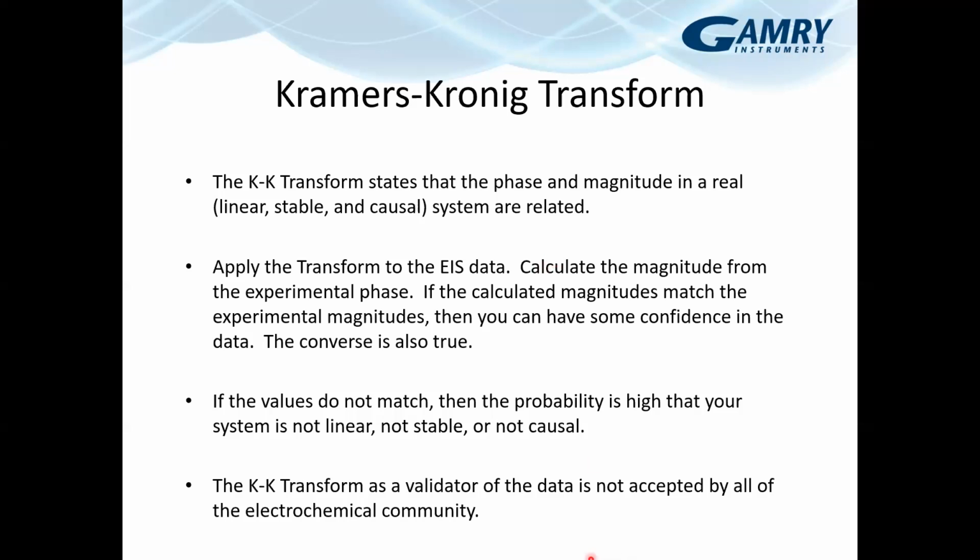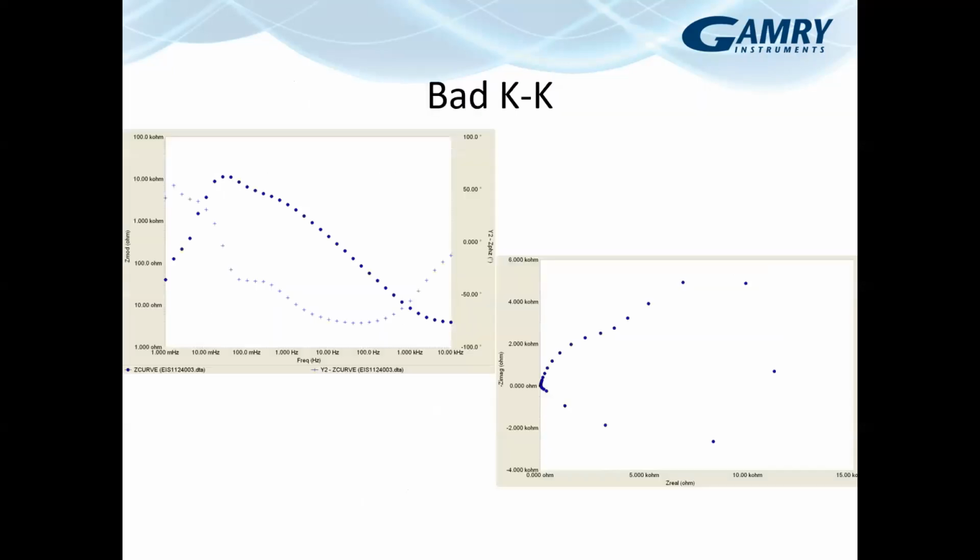But to give a look at how it might fail, here's data that looks bad, but we're not necessarily sure how bad. It looks like this starts out and comes up here, and then things really go bad when it loops around down under here, which is what it's doing on this side.